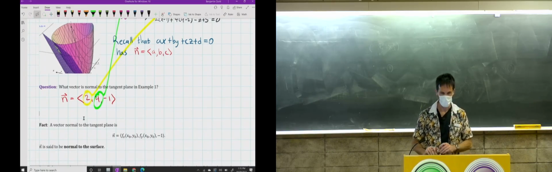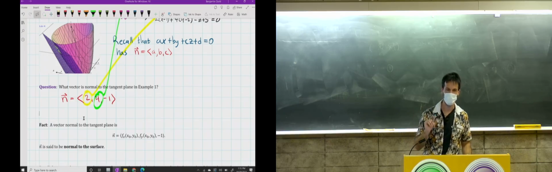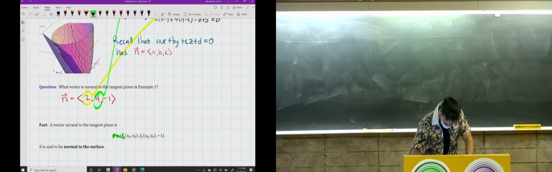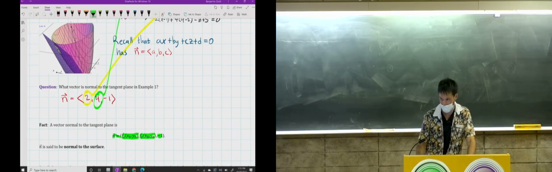For any function f, the tangent plane will have the following normal vector. It's given by n equals, the first component is the x derivative, evaluated at the point in question. The second component is the y derivative. The third component is just negative 1.